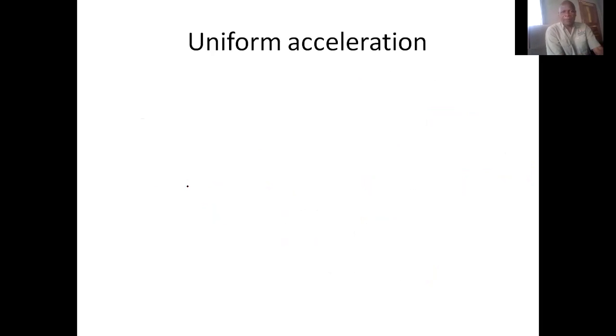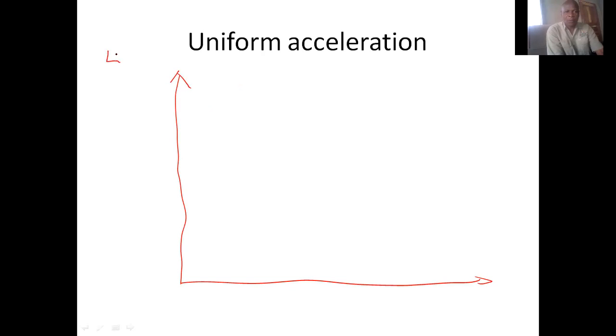At times, an accelerating object can be shown through a graph. So I'm going to represent a graph here, where the y-axis will have the length in centimeters, and the x-axis will have the ticks.